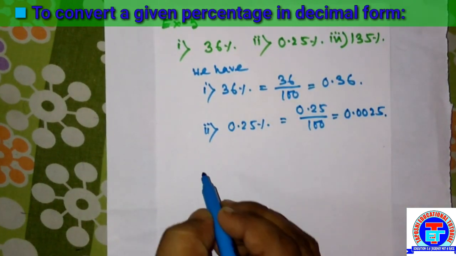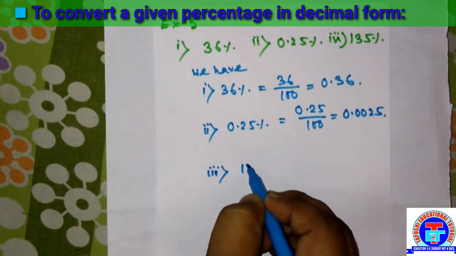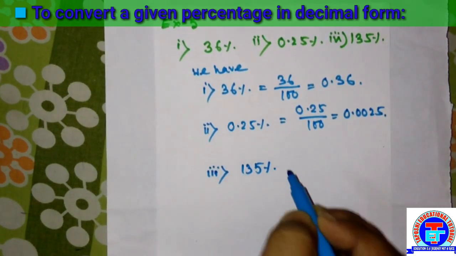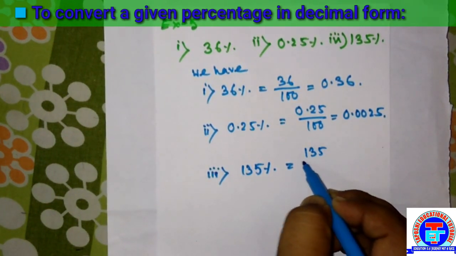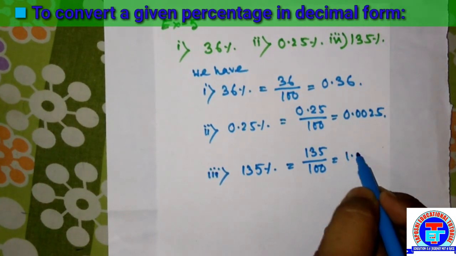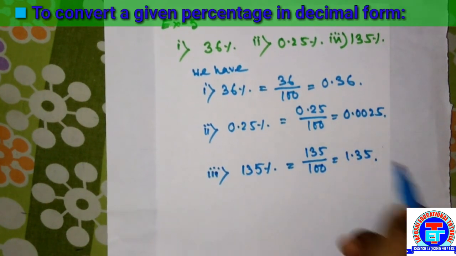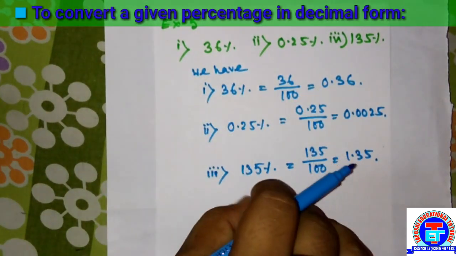This is the answer. Number 3, we have 135 percentage. That means we write here 135/100. It will come 1.35, right? 1.35. This is the answer regarding this problem.